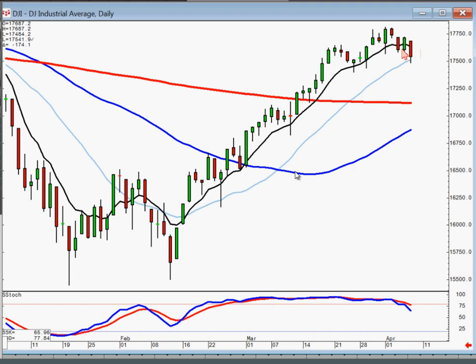However, what I don't want to see it do is close back below the T line, so I might put my sell stop right back down here, because if this is going to stay above the T line, I don't have to worry about it. If it came back down through here, it was coming back down through the T line.